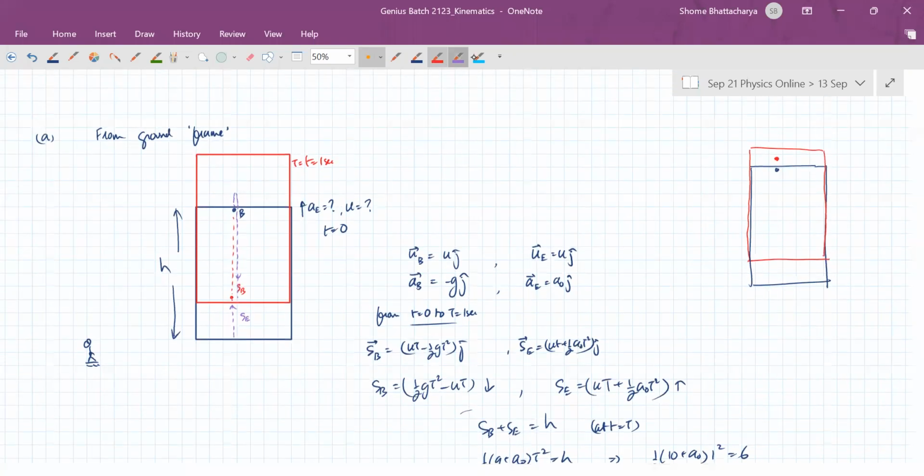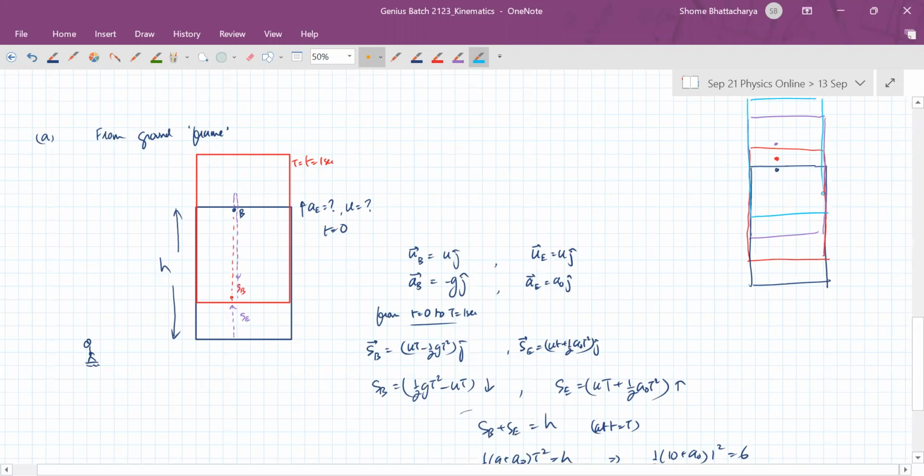Next moment we see that the elevator is somewhere here, the bolt is, let's say, somewhere here. Then eventually we see the bolt starting to fall. Now the bolt is somewhere here. This kind of series of events happens.